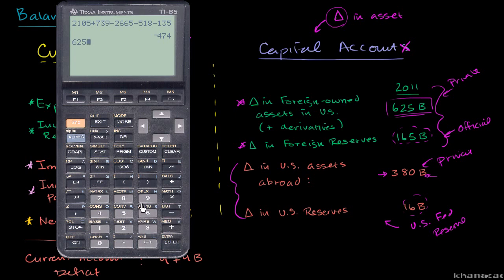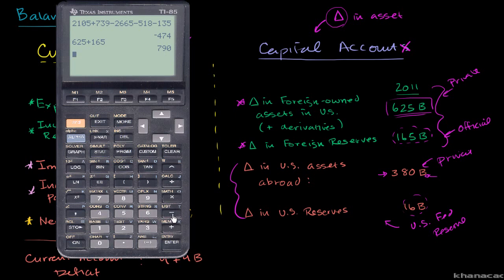I'm talking about stocks and bonds and real estate. So 625 billion, and then plus another 165 billion if we talk about the official purchases of governments and central banks. So this is the change in assets purchased by foreigners in the U.S. So they had to put in $790 billion in 2011 to make those purchases.